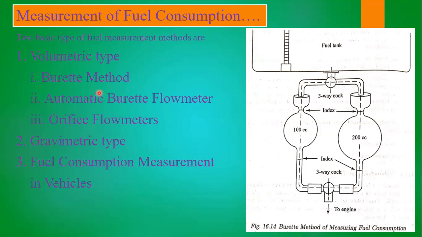First of all, in the burette method, how are we going to measure the volume of fuel consumed to generate a particular quantity of power? In any of these three methods, we will first calculate the volume, and volume divided by the time taken to consume that amount of volume will give us the volumetric type measurement of fuel.